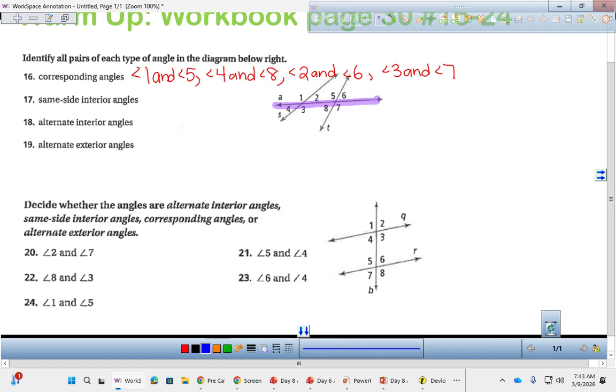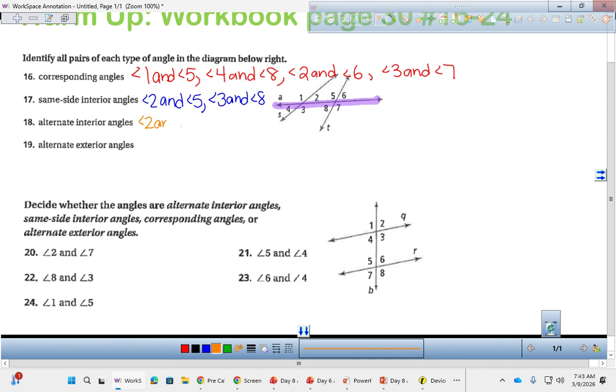So what would be same side interior with 2? You can just call it out. 5. Yep, 5. And then we'd also have on the other side of the line 3 and 8. Right, those are my same side interior. Alternate interior, we're still looking at 2, 5, 3, and 8, but I need these to be on opposite sides of the line.